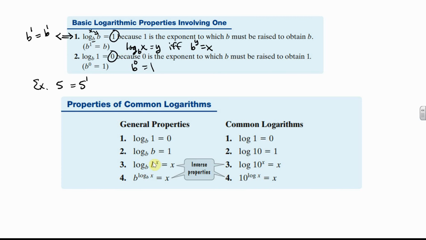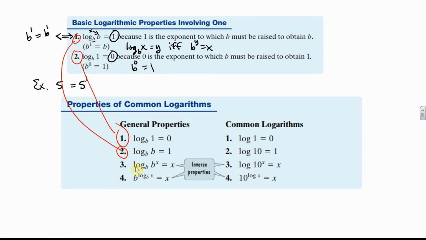Now, you're going to look at these common properties. Again, number 1 here is the same as that number 2 up there, so we're not picking up anything new. That's that guy. And then this number 1 here is that number. All right.